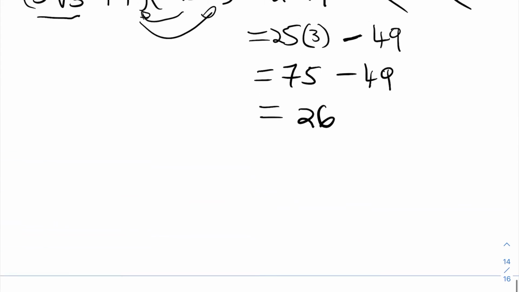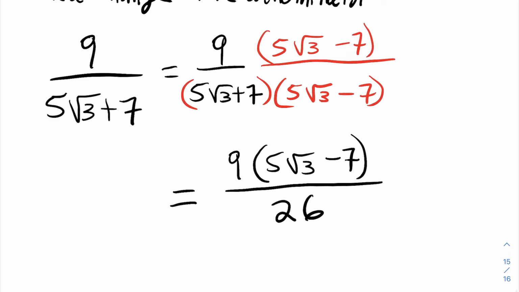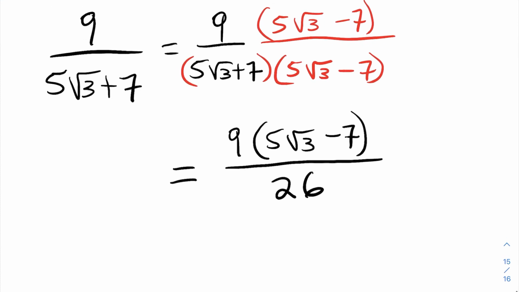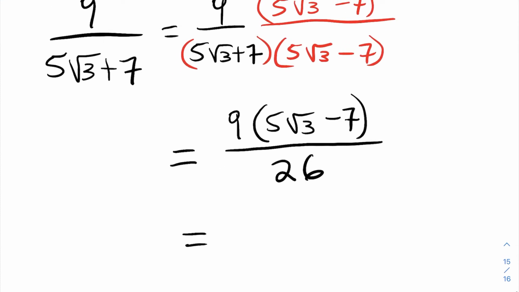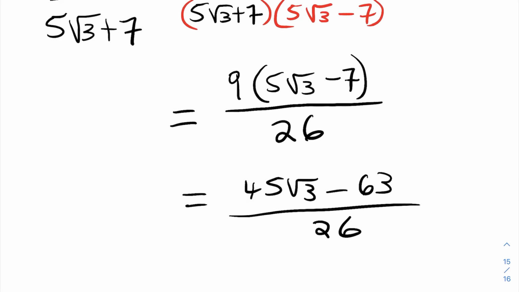So, I know what it is. It's 26. When I do that product on the bottom, it's just a 26. But 9 and 26 don't share any factors. So you could leave this as your answer because the denominator is now rationalized by multiplying by the conjugate. Or you could distribute and get 45 square roots of 3 minus 63 over 26. And that would be the final result.